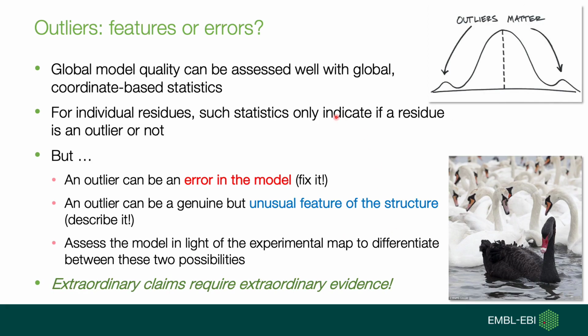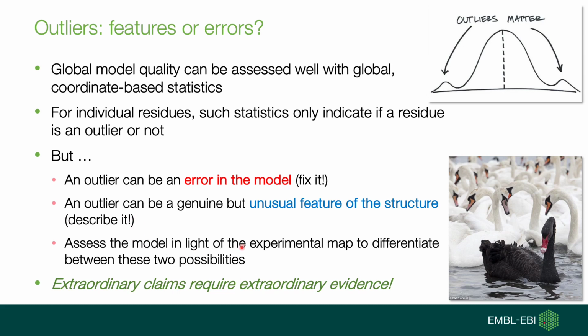So global model quality can be assessed with global coordinate-based statistics very often, but for individual residues, you get the result that a residue may or may not be an outlier. And an outlier can be one of two things. It can be an error in the model, which means you have to fix it, or it can be a genuine but unusual feature of the structure, and then you probably want to describe it in your paper.